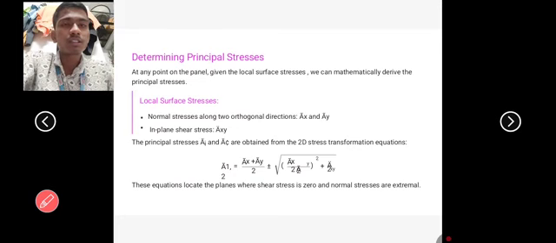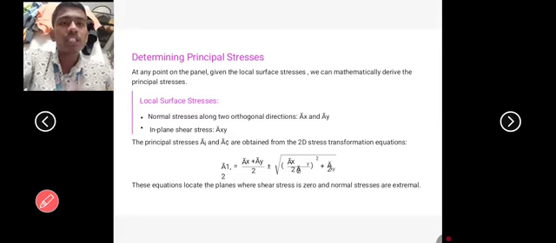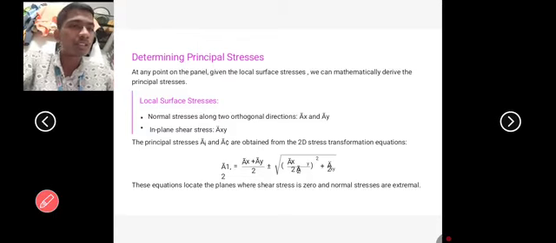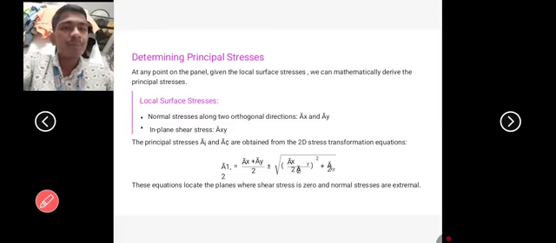Local surface stresses are normal stresses along two orthogonal directions, sigma x and sigma y, and in-plane shear stress, sigma xy. Principal stresses sigma 1 and sigma 2 are obtained from the 2D stress transformation equations.